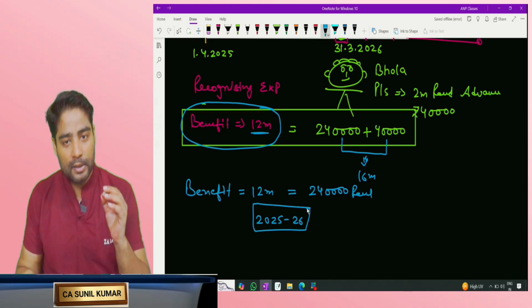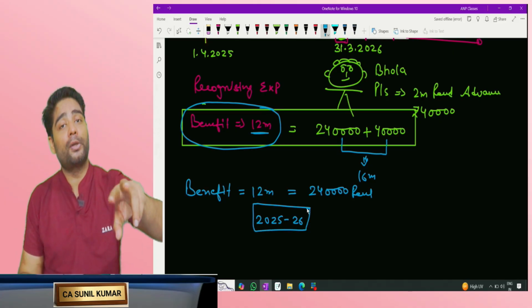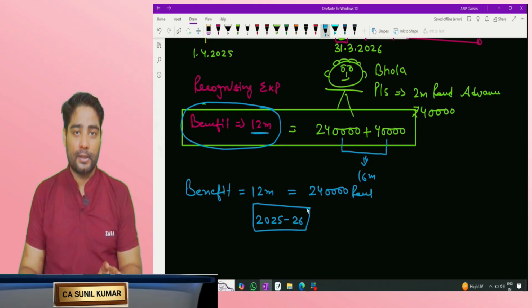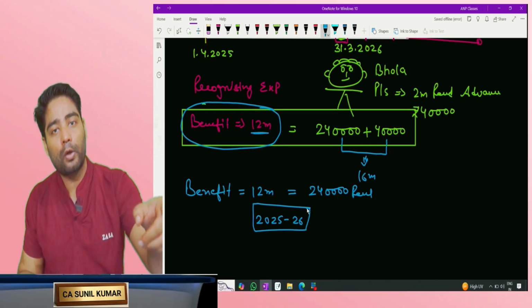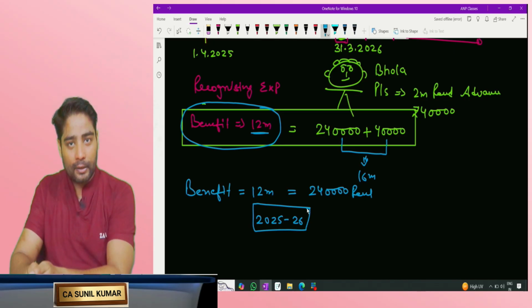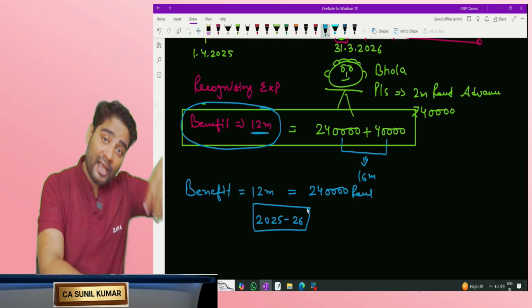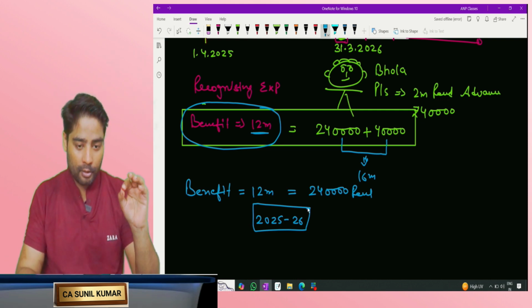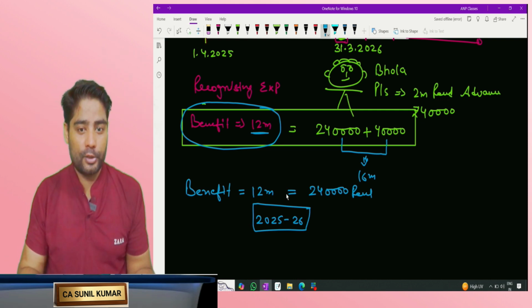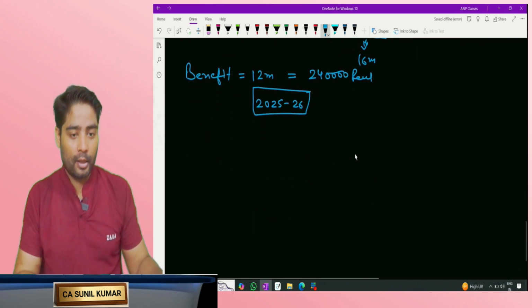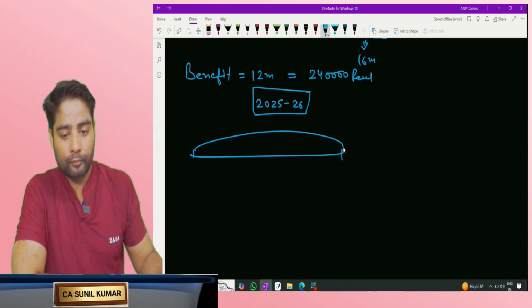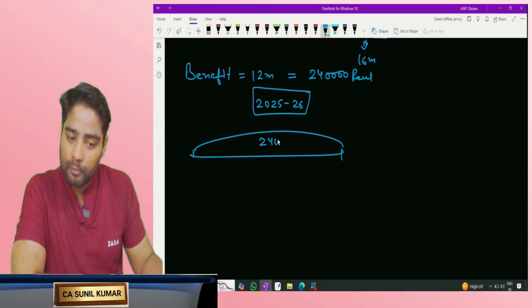So matching concept simply says you should match the benefit of your expenses with the amount of your expenses, whether the amount has been paid in advance, whether the amount has not been paid. Sir, what did you say in the last line? I'm saying that let's suppose for the whole year my rent was 2,40,000.